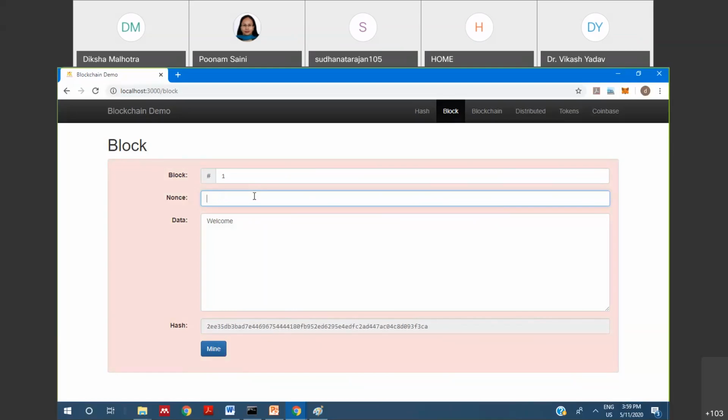Let's see it manually. Suppose we have this data. The system will randomly check a nonce, like we put one. The system will add the nonce to the data, and the corresponding hash will be generated. As the mining difficulty is not achieved, it will check again.